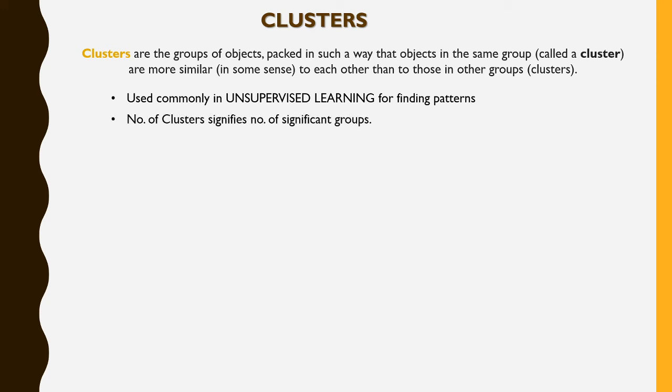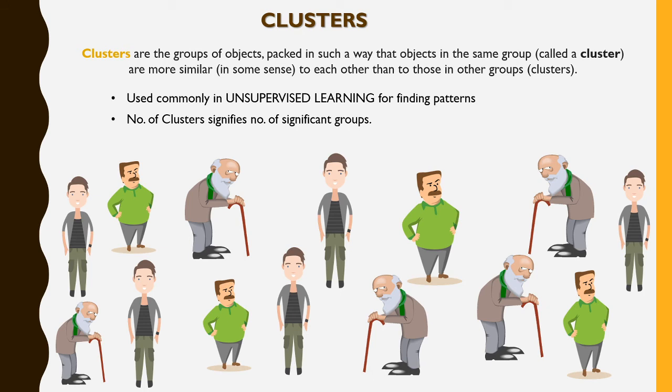The number of clusters also signifies the number of distinct groups we have. Now in this example you can see there are people with different face features, and people of different age groups.